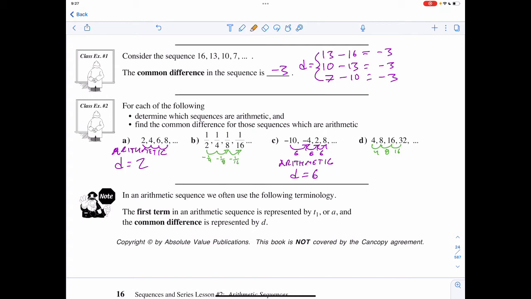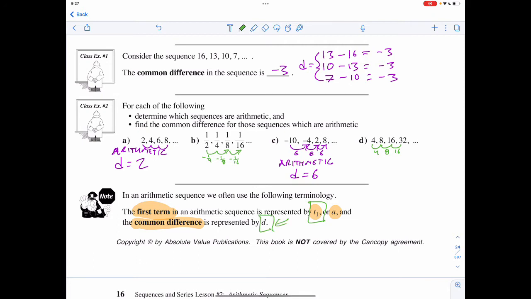Now, depending on the formula sheet or the example that you use, we always refer to the first term in an arithmetic sequence in all of our formulas by either T1 or the letter A. On our formula sheet, we use T1. Like I had previously stated, the common difference on our formula sheet is always going to be represented by d.